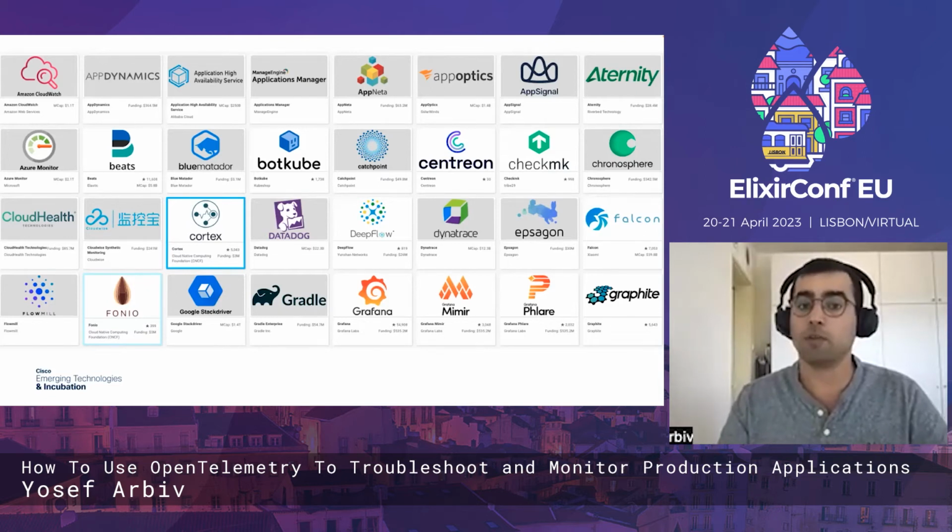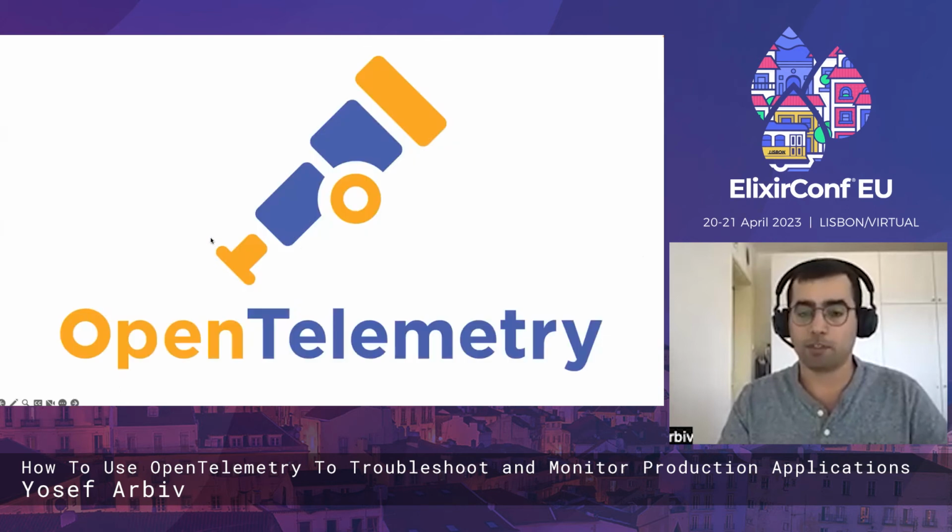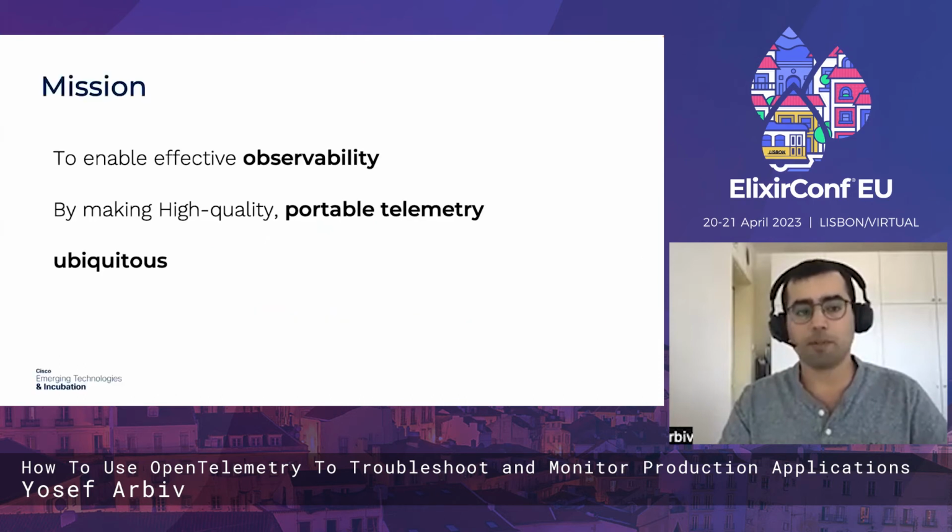So in order to deal with this challenge, we have OpenTelemetry. OpenTelemetry was created by the vendors of observability in order to deal with this specific challenge. The mission of OpenTelemetry is to enable effective observability by making high quality and portable telemetry ubiquitous.